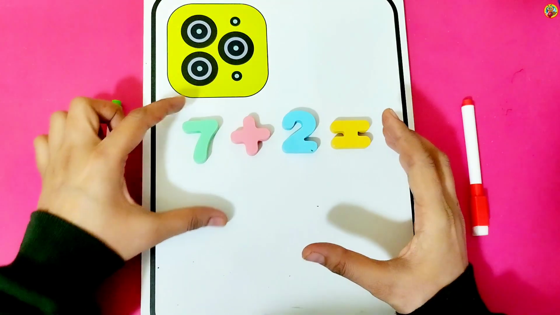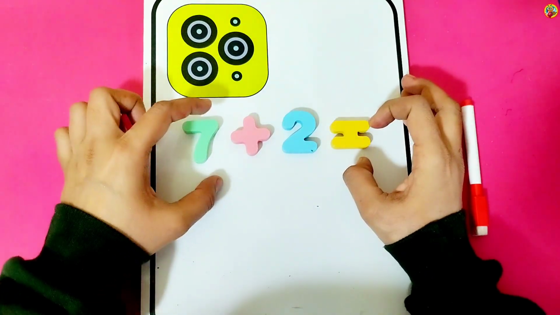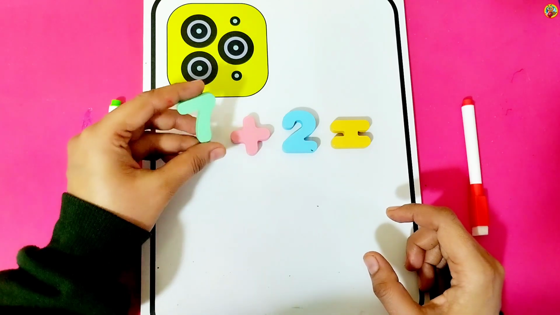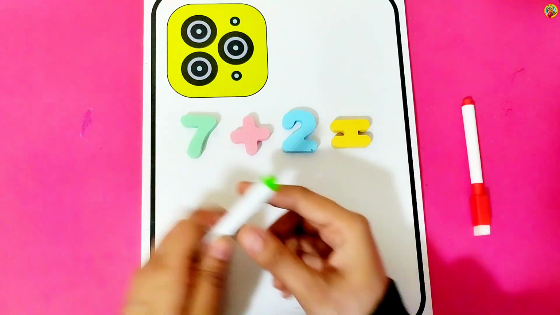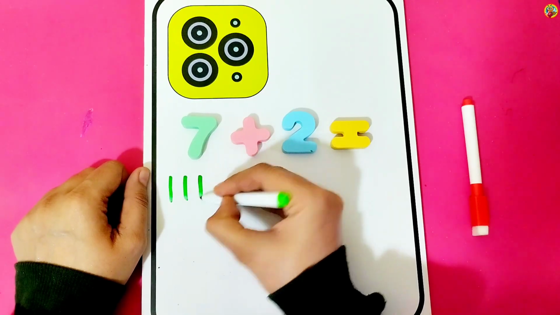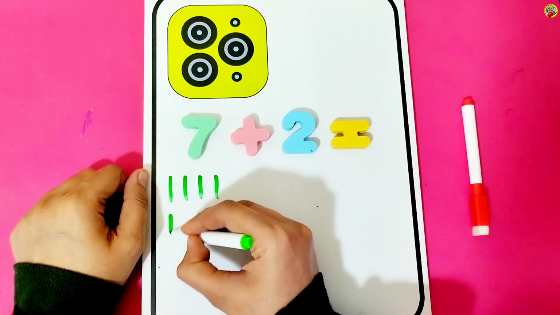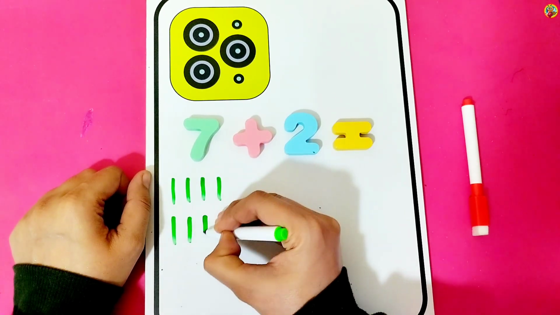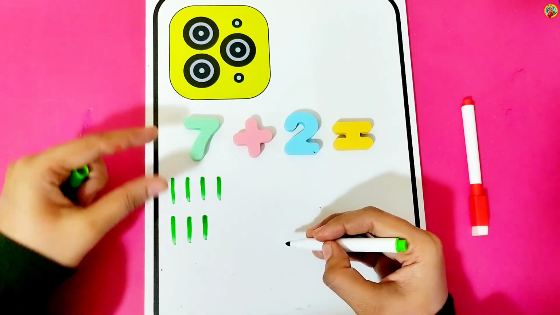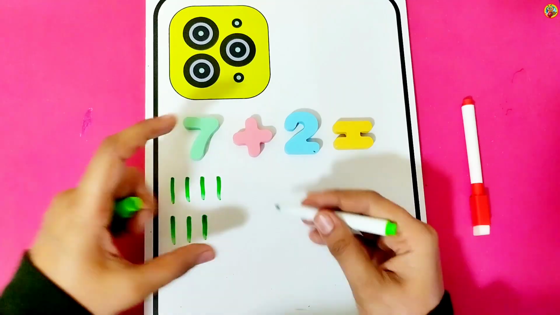Okay, next 7 plus 2 equal, don't worry, 7. Number 7. Okay. 1, 2, 3, 4, 5, 6, 7. 7 lines below 7.